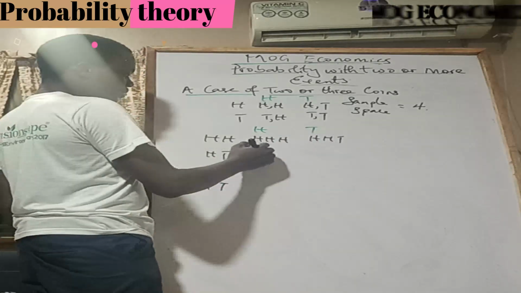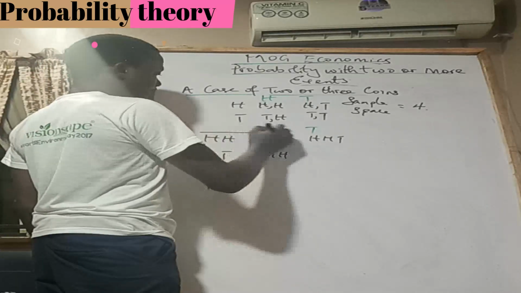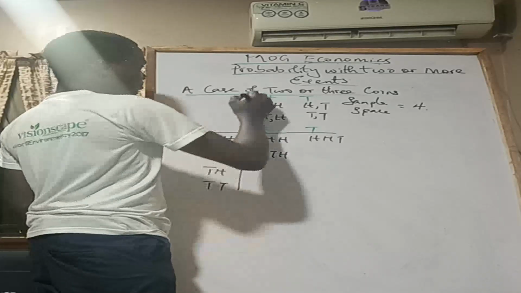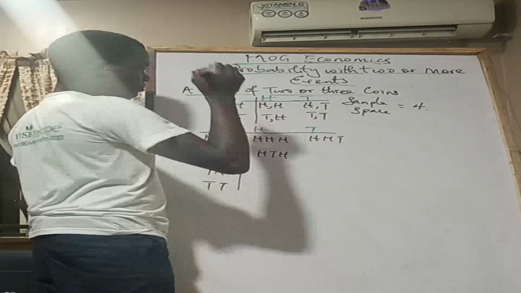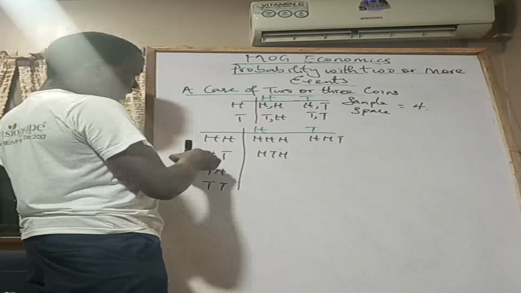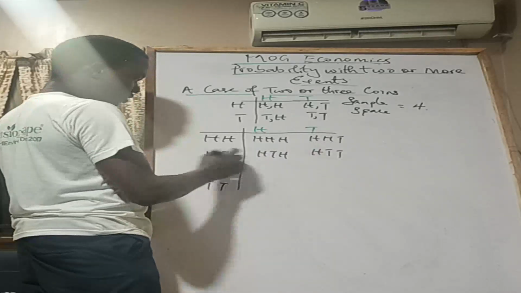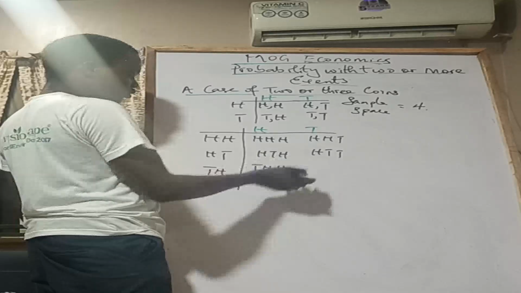Then HTH, HTT. Then we have THH, that is a tail and two heads.